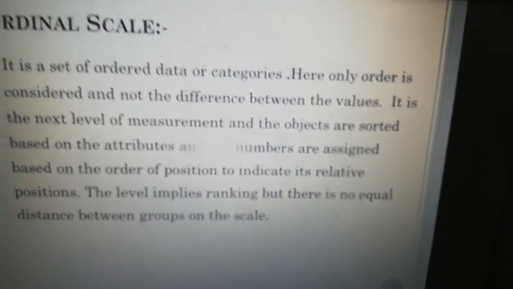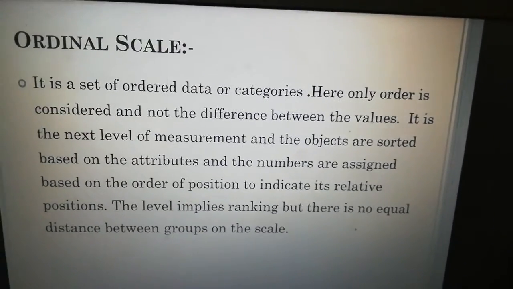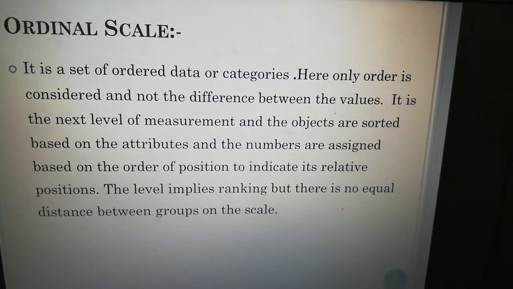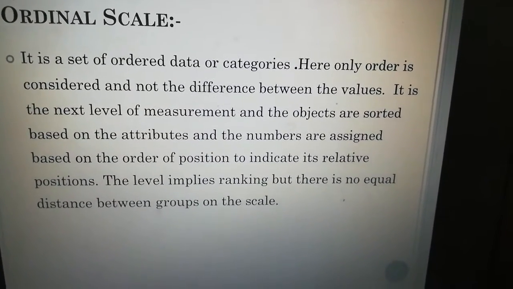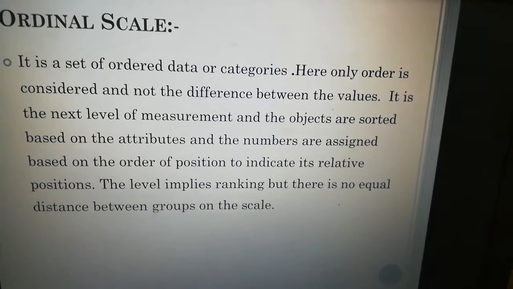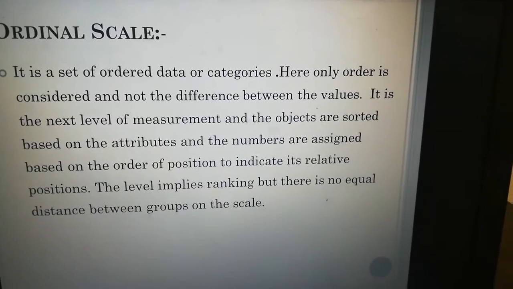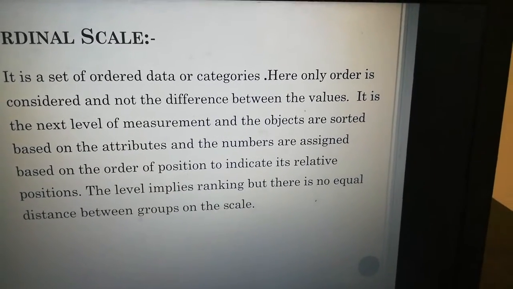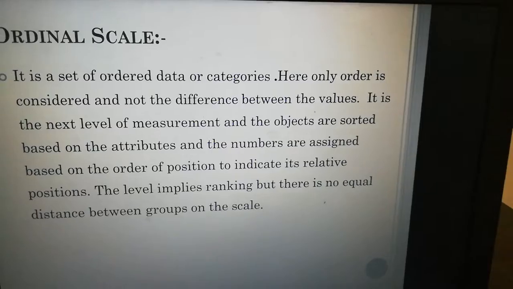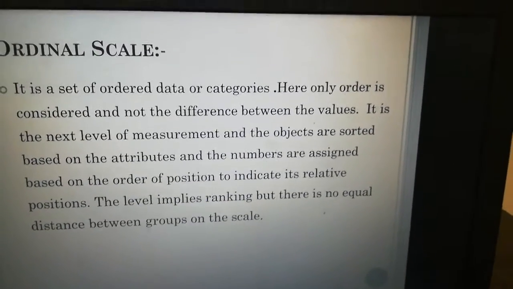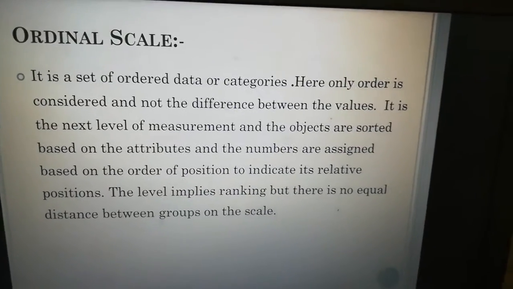Next level of measurement is the ordinal scale. It is a set of ordered data. The difference is there is an order or category. Only the order is given. It's just the next level of measurement.